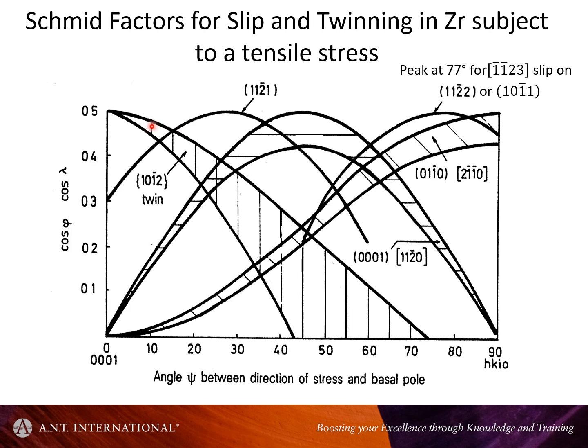Parallel to the c direction, you're likely to get twinning. And if you're 45 degrees to the c-axis, in principle, you can get basal slip if it's allowed.